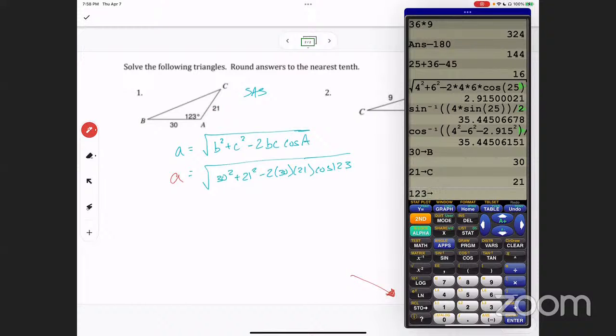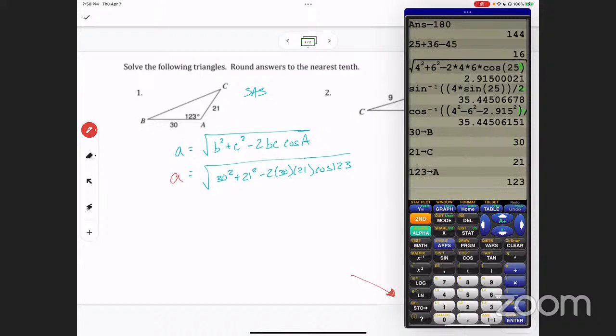Now, this might seem like too much work for you, and I understand that, but you'll see why it's a shortcut. Then you can just type in your formula.